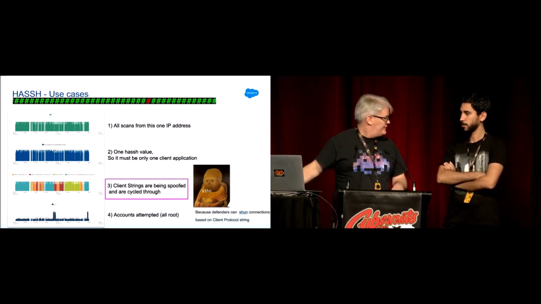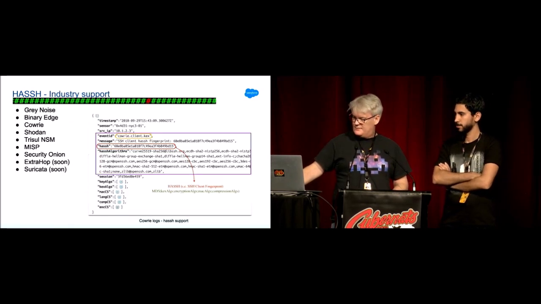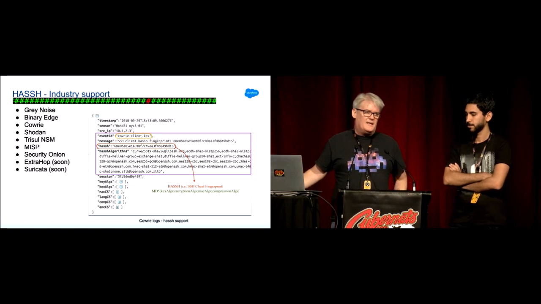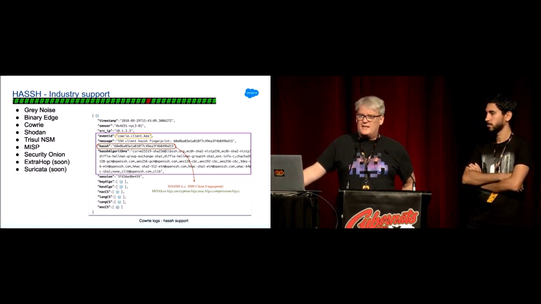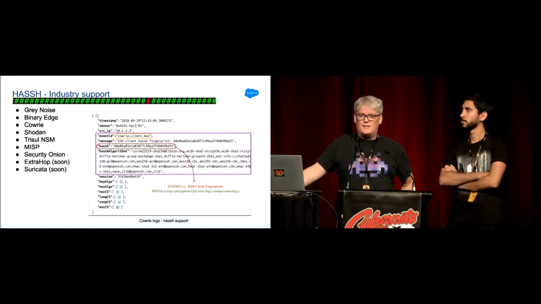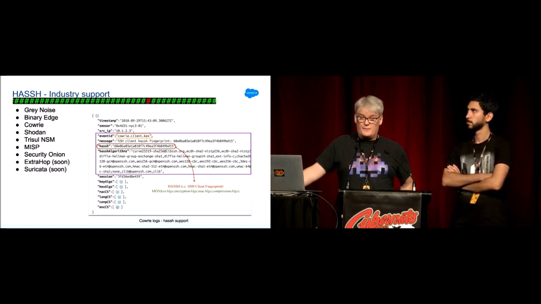Where do we go to? Industry support. We released this in October or November, I can't recall. Since then, a lot of places have picked it up and given us support. GreyNoise was one of the early ones, a fantastic organisation.